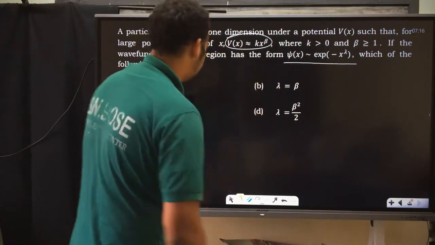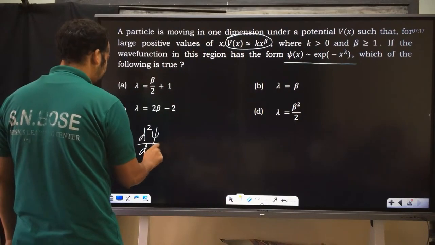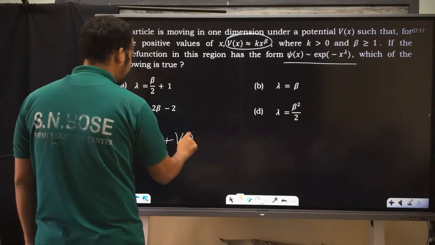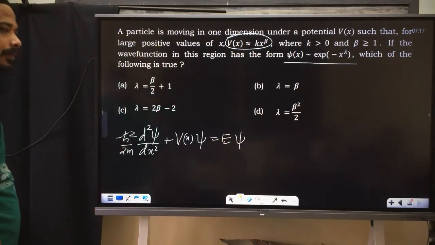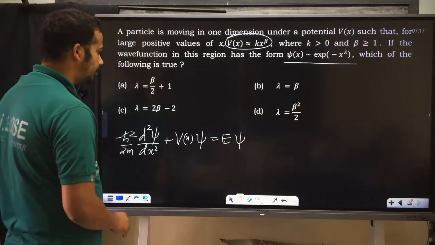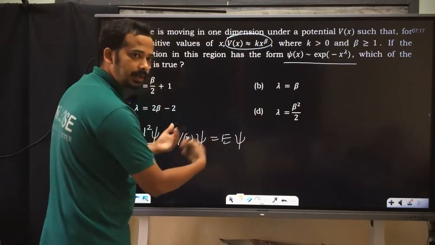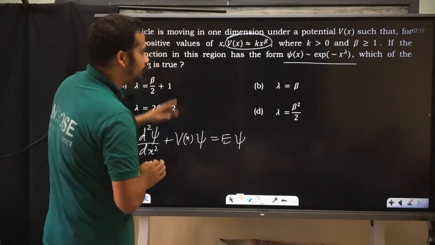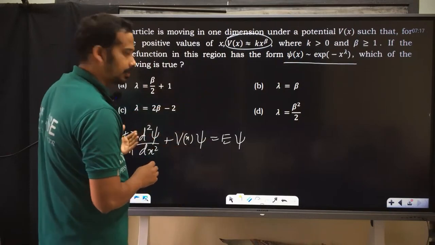You take its second derivative. d square psi by dx square plus V of x into psi is equal to E into psi. Now, when you take the second derivative, when you write the step, in that step you make this approximation. Let x be very large. For large x, what happens?